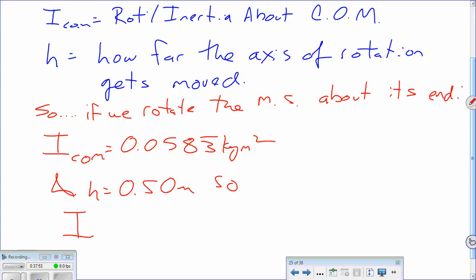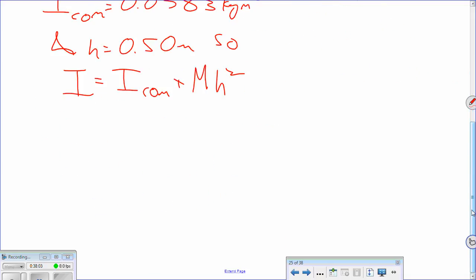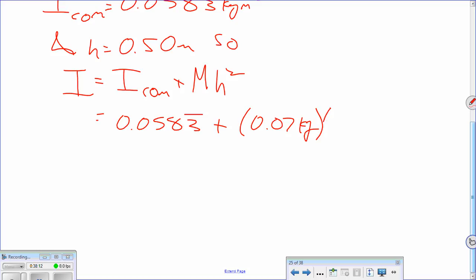So our new rotational inertia is going to be I of the center of mass plus m h squared. Which is 0.0583 repeating plus the mass, 0.07 kilograms, times our h, 0.5 meters. Don't forget to square it.